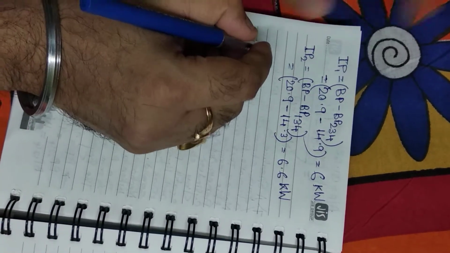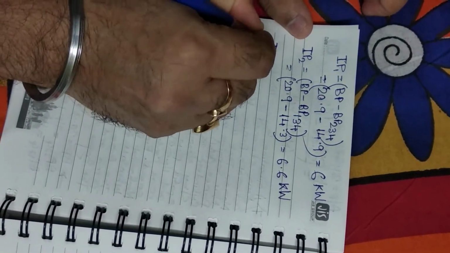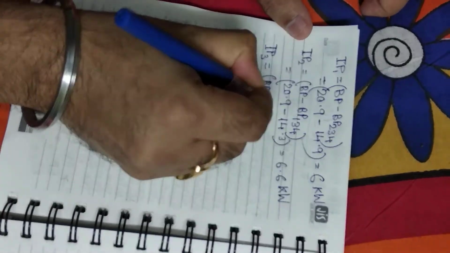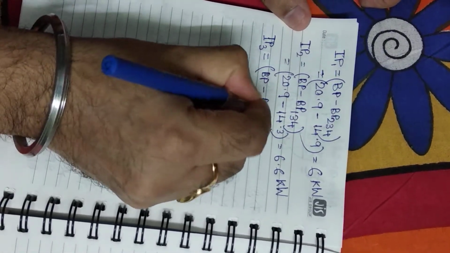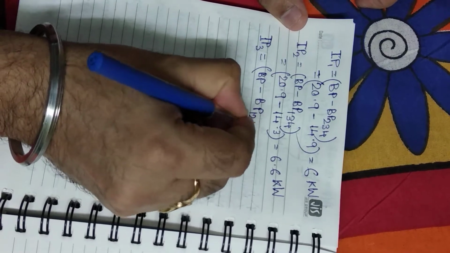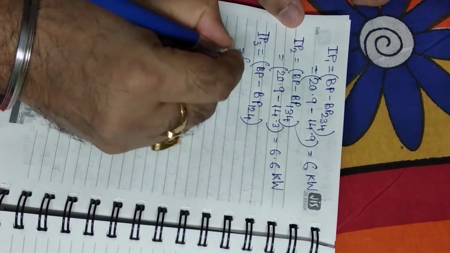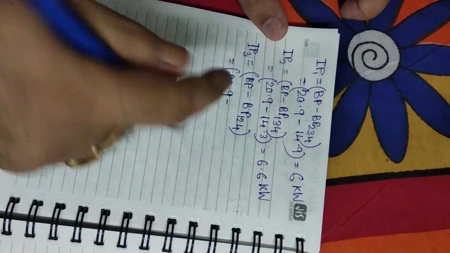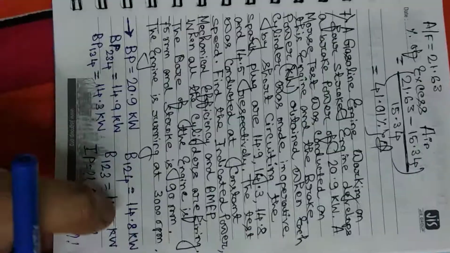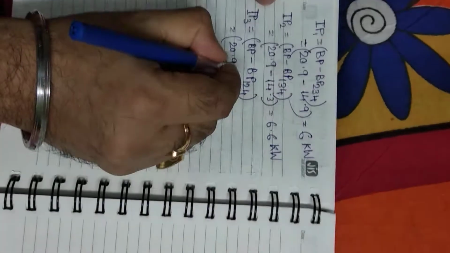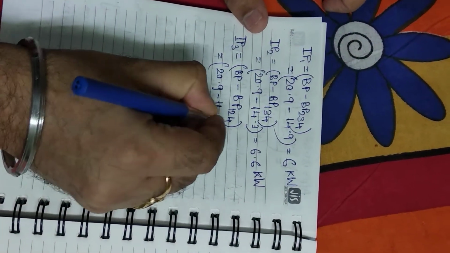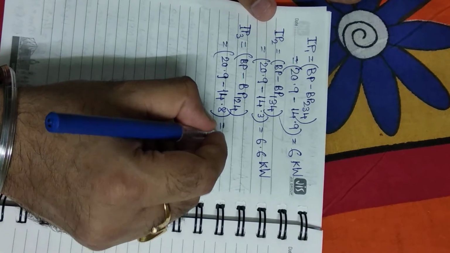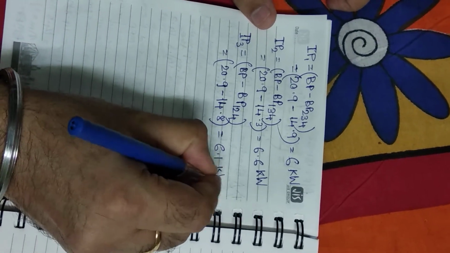Okay. Now IP3 equals BP minus BP 124, that is 20.9 minus 14.8. So it will be 6.1 kilowatt.